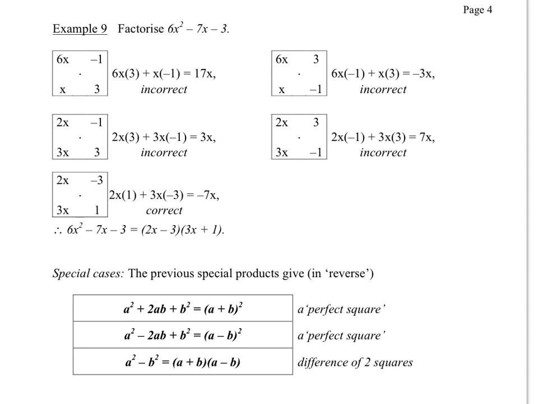The 6x times 3 and the negative 1 times x don't add up to what we need. We need negative 7x, but it's 17x. And you can try all of these. 2x minus 1 times 3x plus 3 also gives you something that's not quite negative 7x. But this one here does work because 2x times 1 is 2x, 3x times minus 3 is negative 9x, 2x minus 9x is negative 7x, and that's exactly what we want.